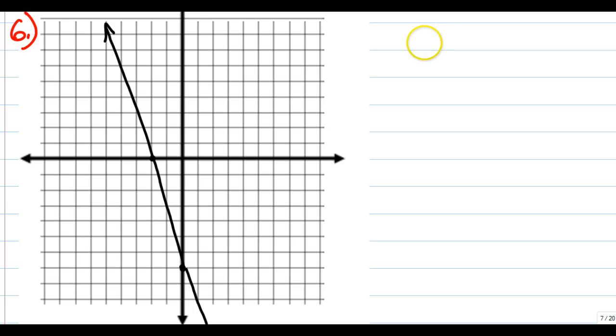Well, we know that the slope-intercept form is going to be y equals mx plus b. So the two things we need to identify are the slope, or m, and the b, which is going to be the y-intercept. So if we look, we see that our line is intercepting the y-axis right here. So this is our y-intercept.